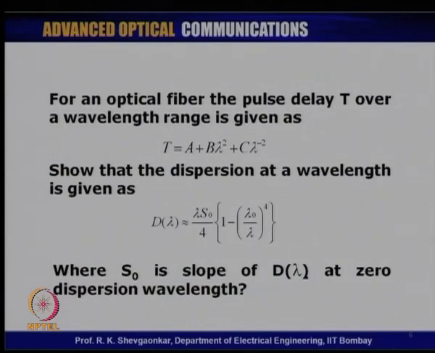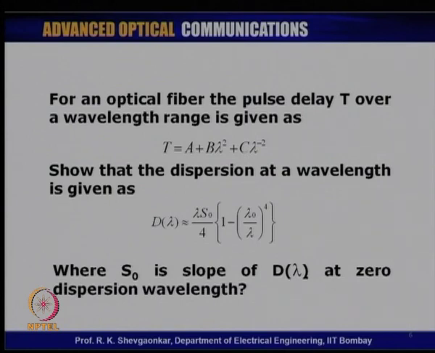Show that the dispersion at a wavelength is given as lambda times S0 divided by 4 times bracket 1 minus lambda 0 by lambda to the power 4, where S0 is the slope of the dispersion as a function of wavelength and lambda 0 is the zero dispersion wavelength.